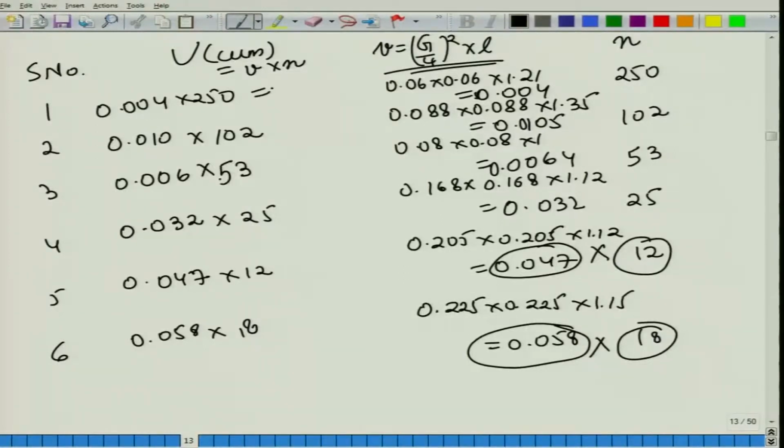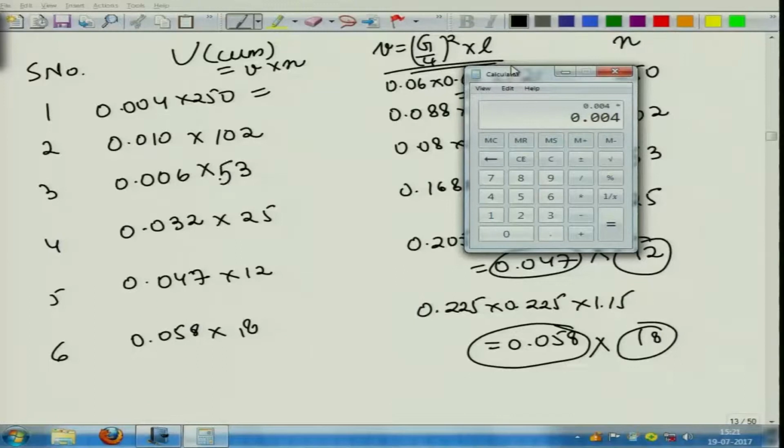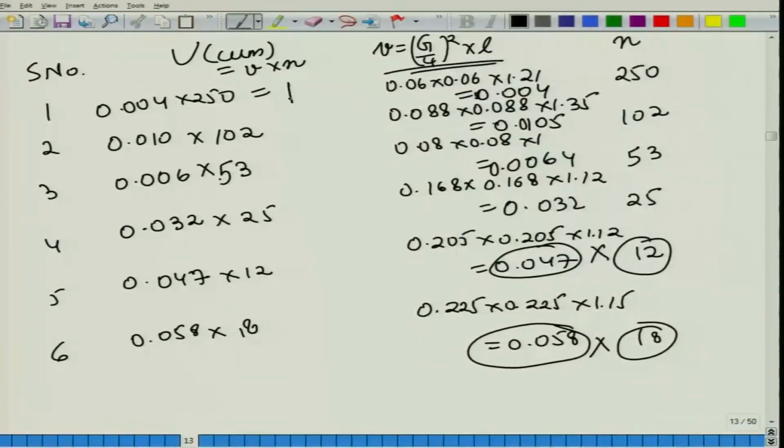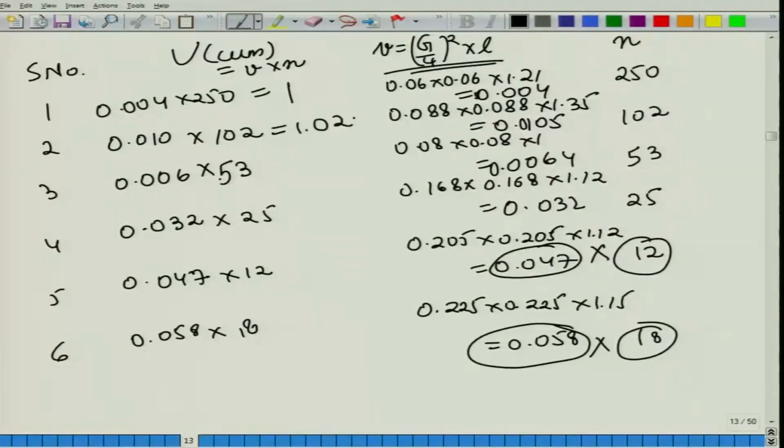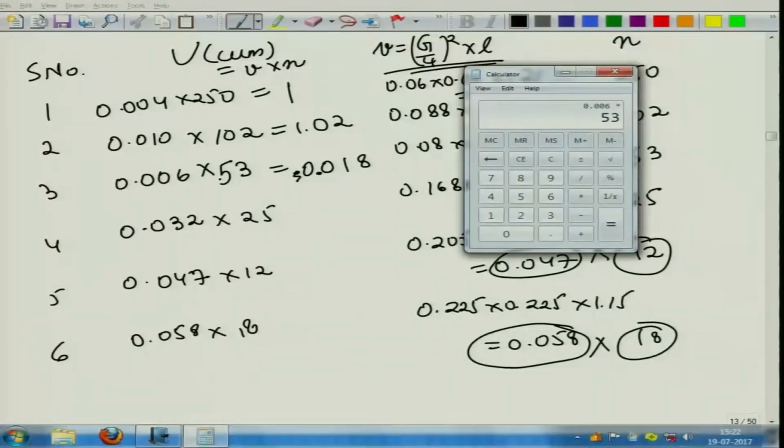So, we have 0.004 into 250 is 1, then we have 0.01 multiplied by 102, that is 1.02, then this will be 6 3s are 18, 0.006 into 53, which is 0.318.